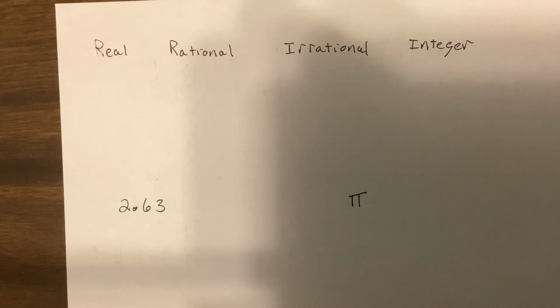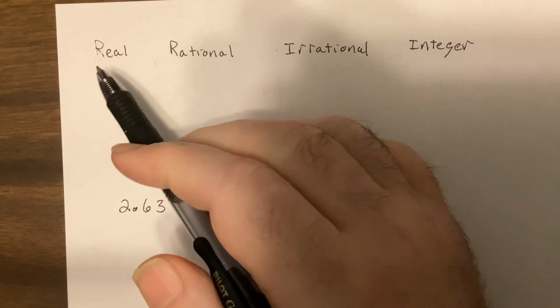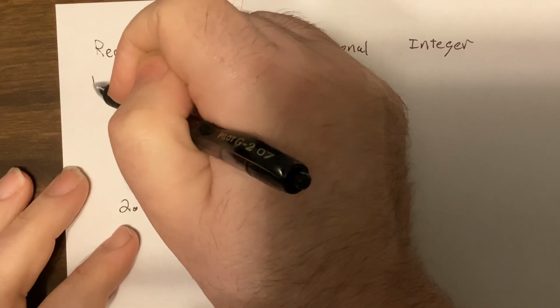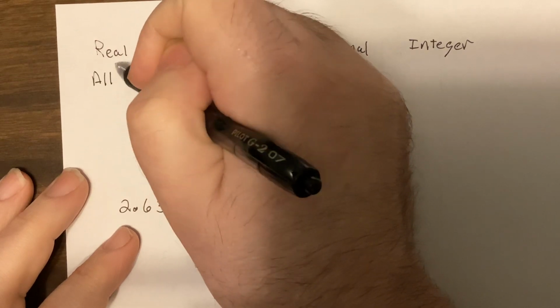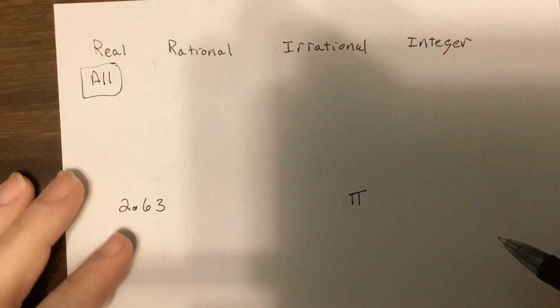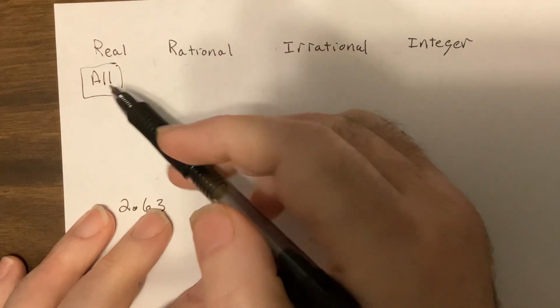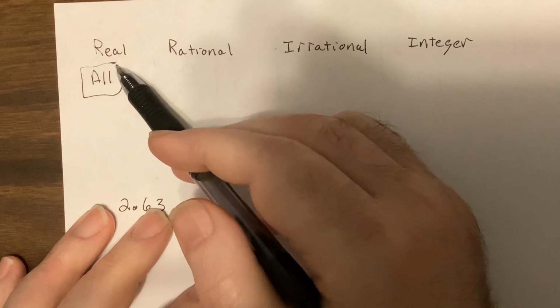But anyways, number systems. Do you remember what each number represents? A real number is all the numbers you will ever see this year or junior year. Well, junior year you might learn a new one, but for now it's all the numbers you ever see.